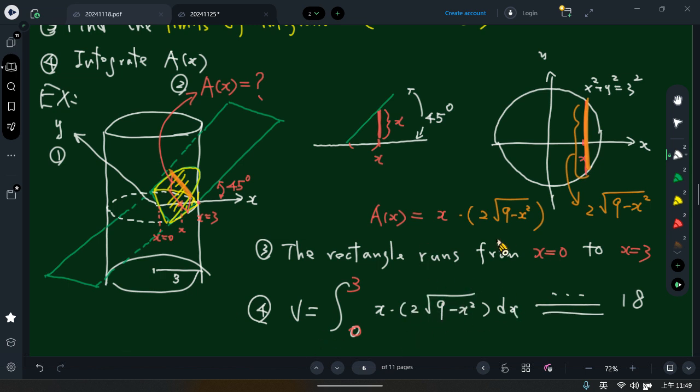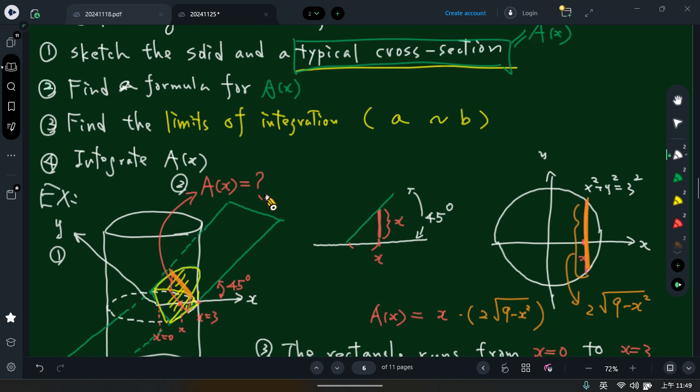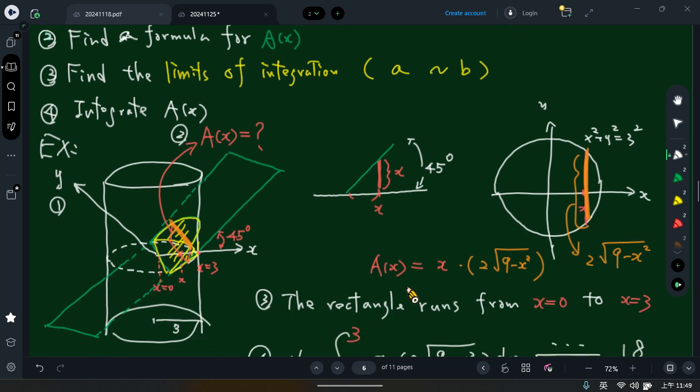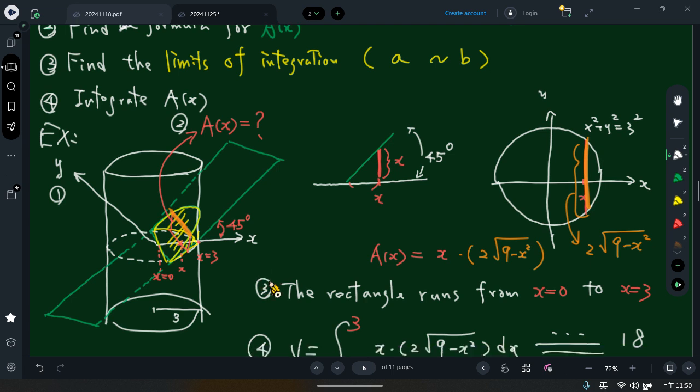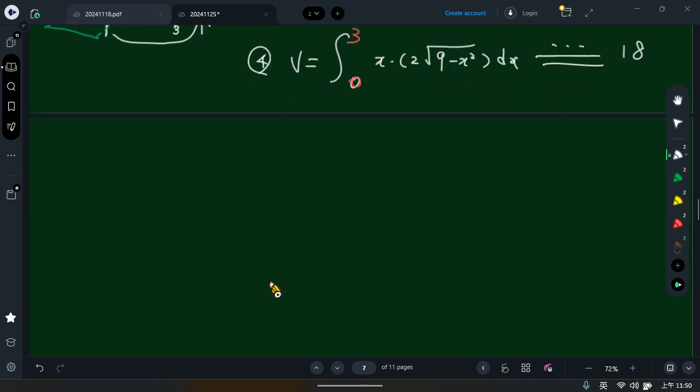But the most difficult part is how to model the typical cross-section into A of X. Okay? So this is the first one.